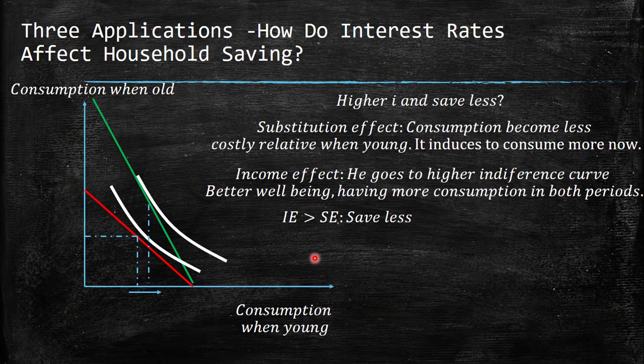If the individual thinks that the income effect is higher than the substitution effect, he will consume more. If on the other side, the income effect is lower than the substitution effect, then consumption becomes less costly relative when young. So that should be the case: income effect lower than the substitution effect.